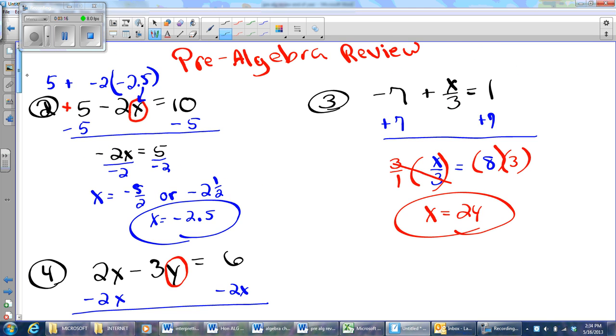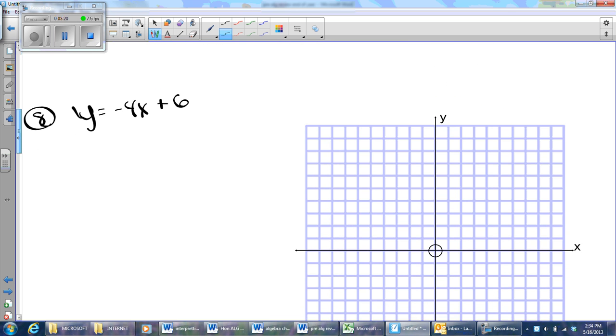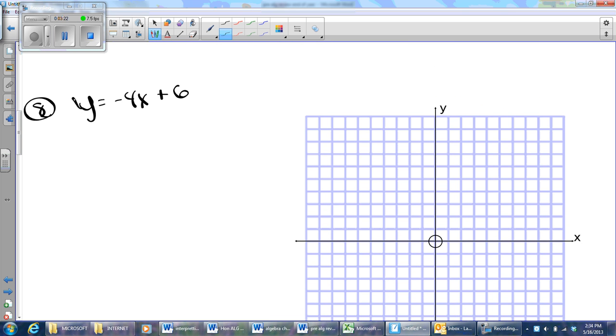All right, number 8. Number 8 is a graphing problem. I need to get y alone and graph, get slope y-intercept form. Well, y is already alone, so I'm ready to graph. I'm going to identify my y-intercept, which is going to be 0, 6. 1, 2, 3, 4, 5, 6.